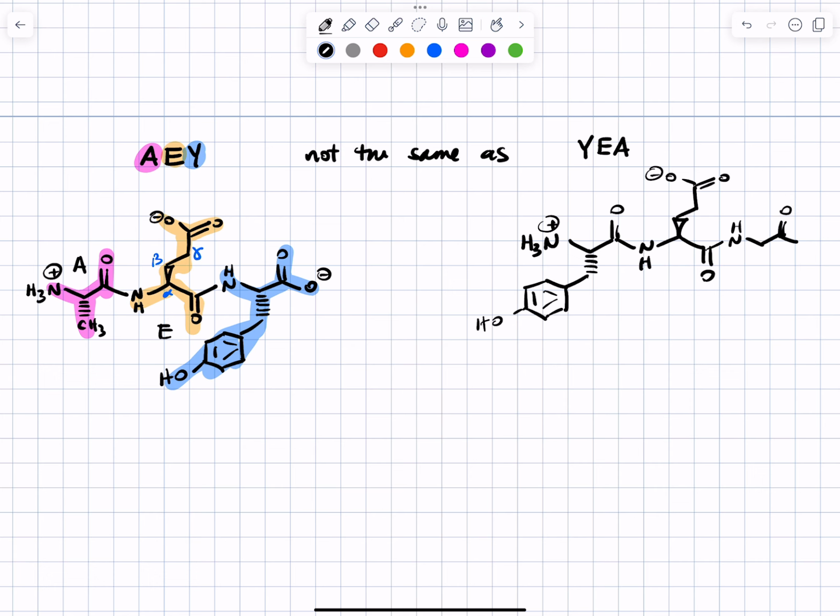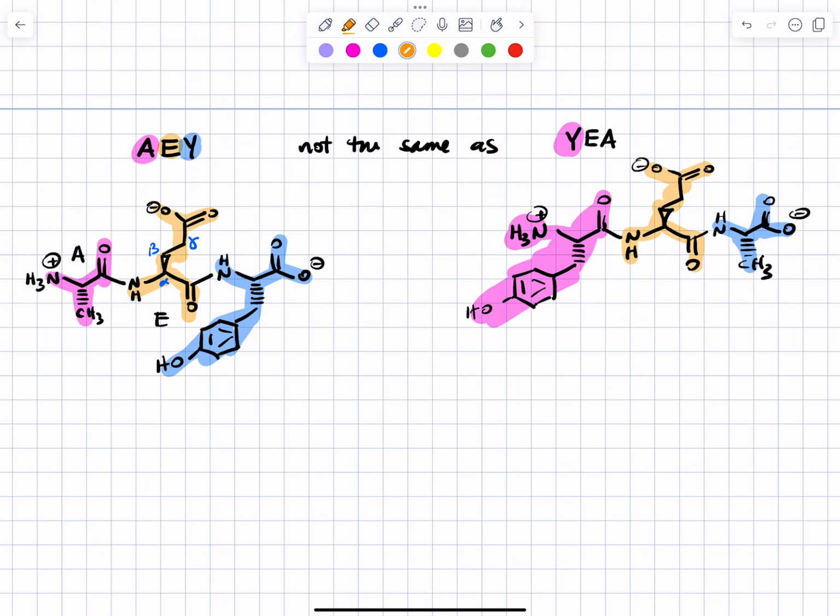And then the alanine is at the C terminus. Those are isomers of each other, but you can see they're definitely not the same thing. In the YEA peptide, the Y is at the N terminus, and the A is at the C terminus, which is exactly the opposite from the AEY peptide.